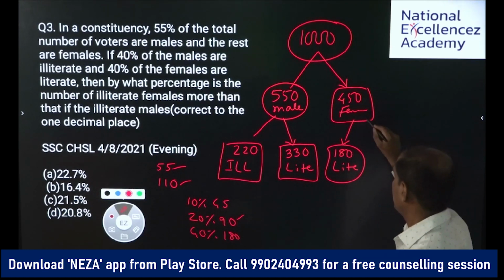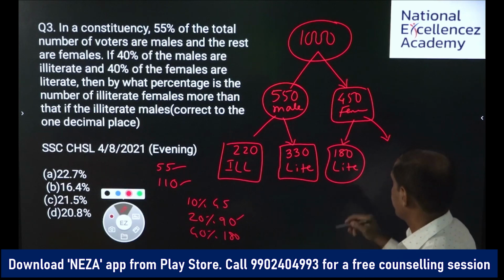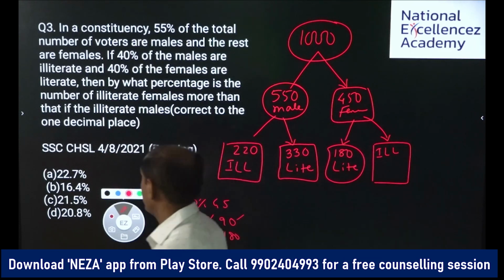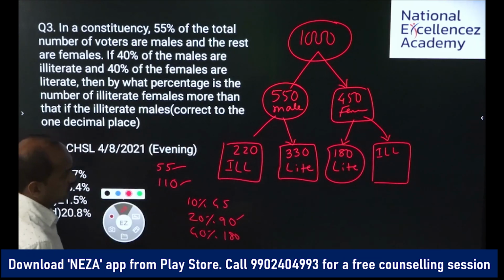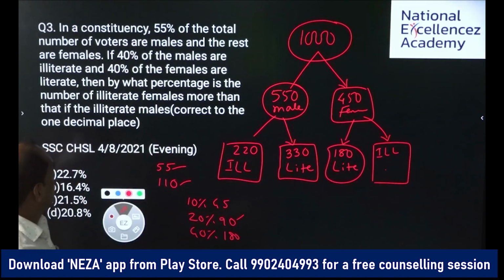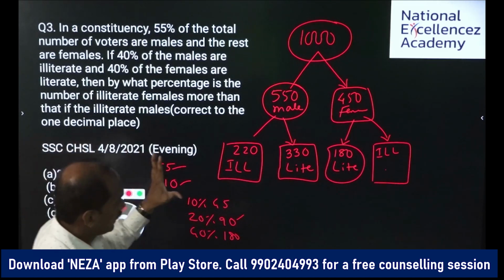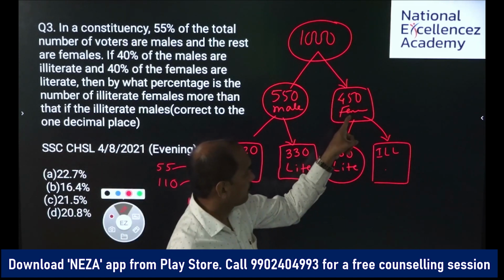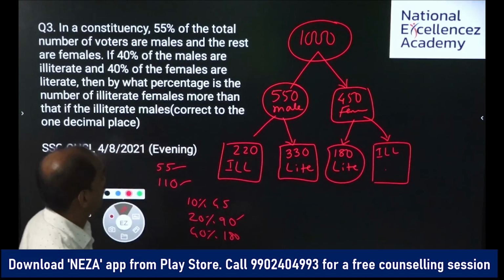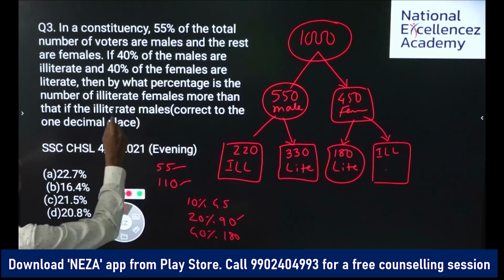40% literate, remaining will be automatically illiterate. Illiterate women will come here. Okay. If you subtract 180 from 450. Now let us read first the question part, because unnecessarily you don't have to fill up everything. Okay. So if he is asking you on female illiterate only, then you do it. Otherwise, there is no need. See here, what is asked?